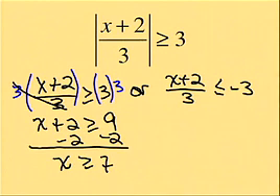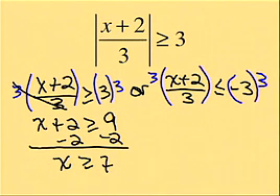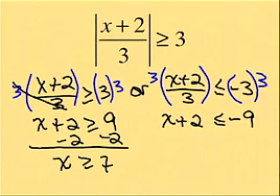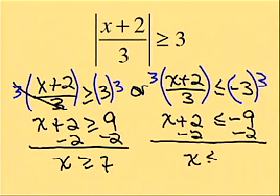On the right-hand side, we need to multiply both sides by 3, and we get x plus 2 less than or equal to negative 9. Subtracting 2 from both sides, we get x is less than or equal to negative 11. And we have the or in between them.